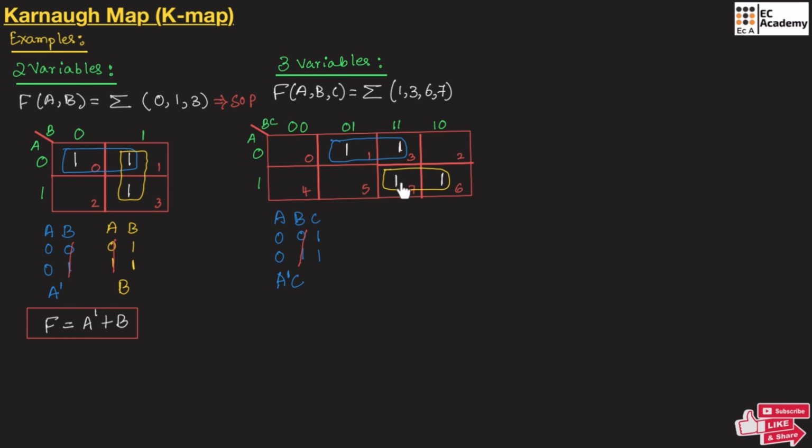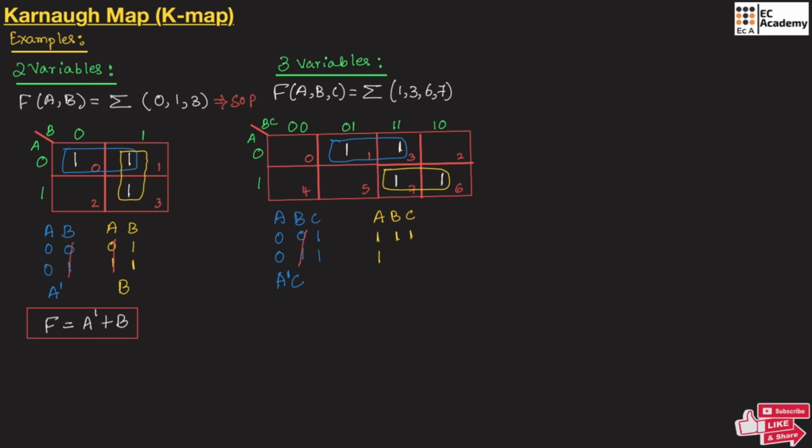In the next group, we write the values for A, B and C. The first value is 1, 1 and 1, and for the next value, it is 1, 1 and 0.